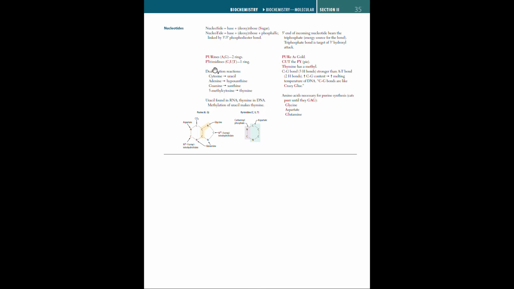So the bases are of two types, purines and pyrimidines. Purines have two rings, as it says, A and G, adenine and guanine.